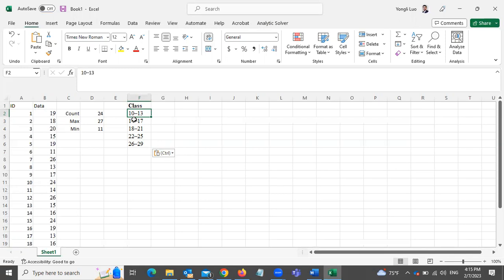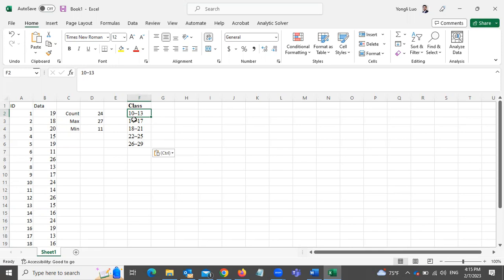Do you know why I choose 10 to 30? Because 10 is less than the minimum. Yeah, and 30 is above the maximum. Yeah, that's right. The maximum is 27, so you need to cover those numbers between these 2 limits.